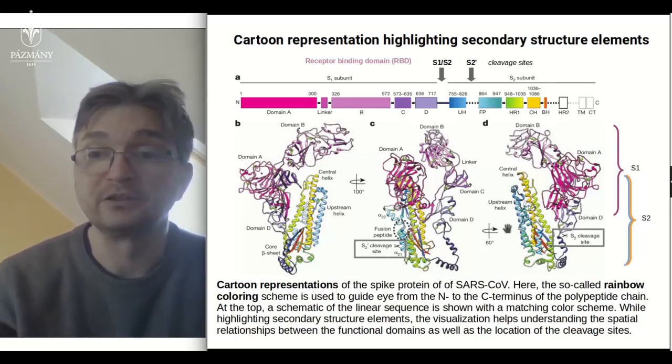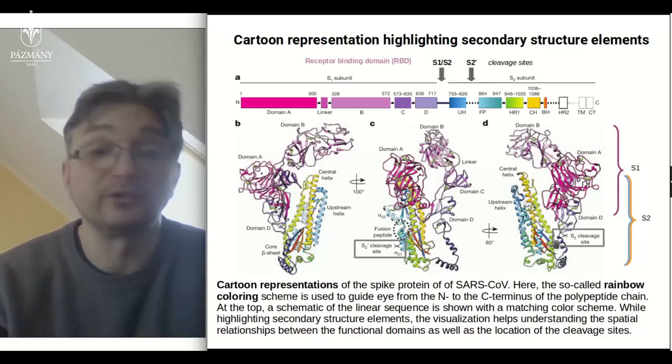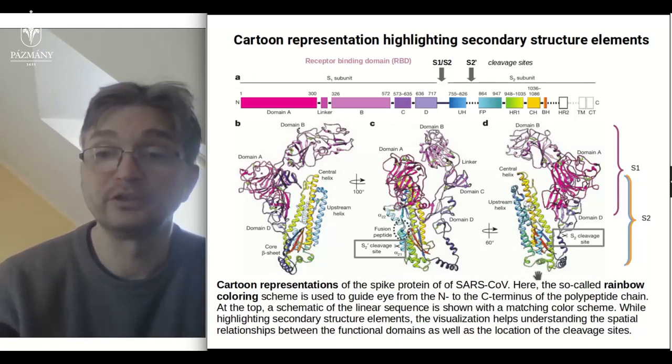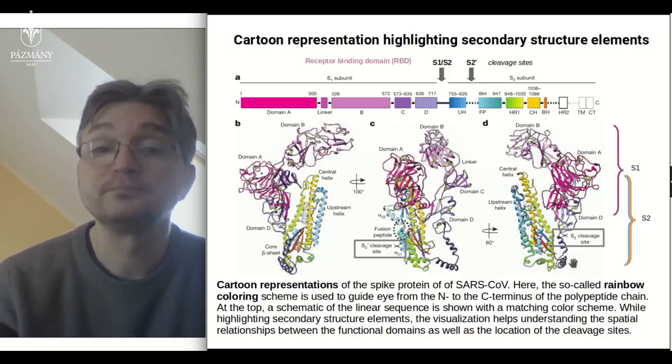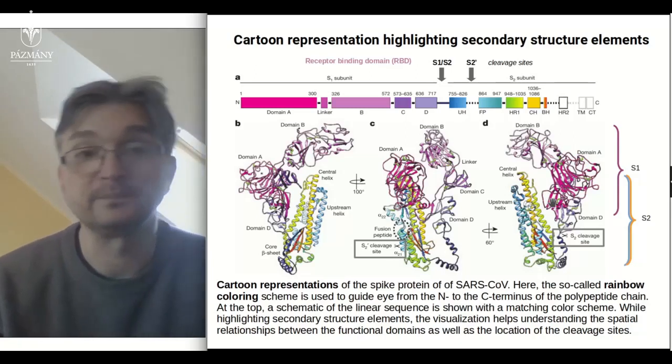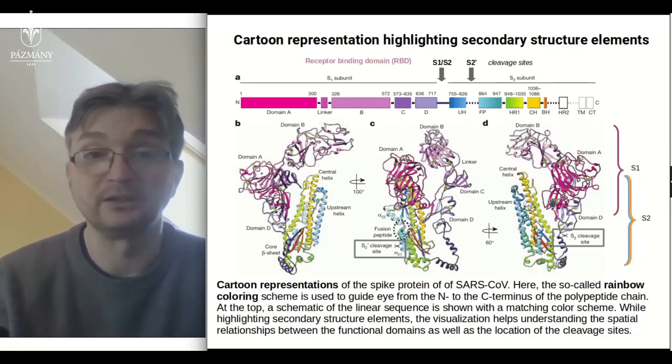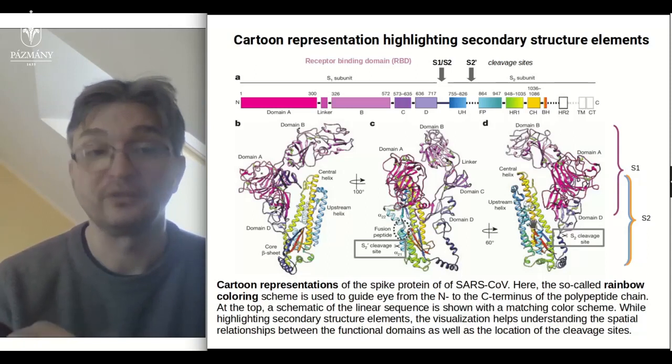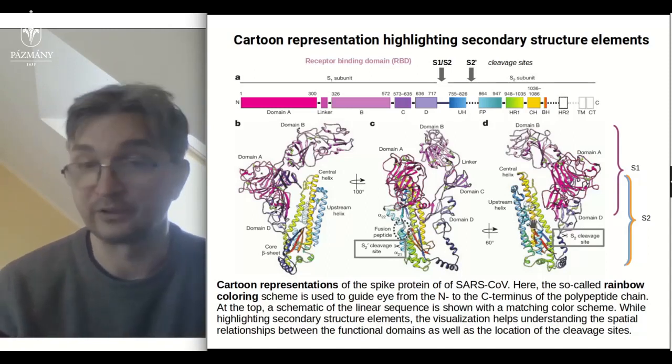And this is the S2 subunit, or S2 part of the spike protein, and this is the S1, which is basically responsible for receptor binding, and this S2 part is responsible for cellular entry.